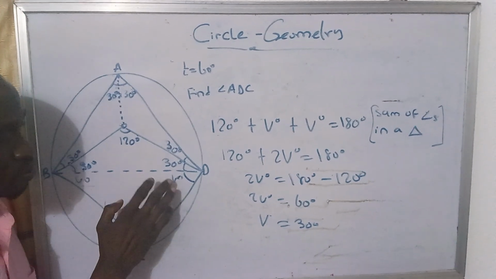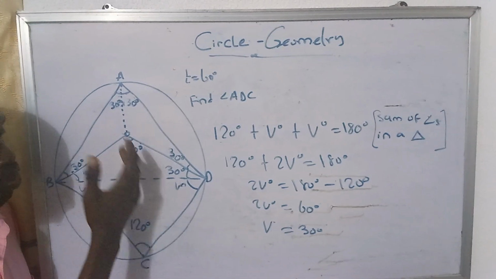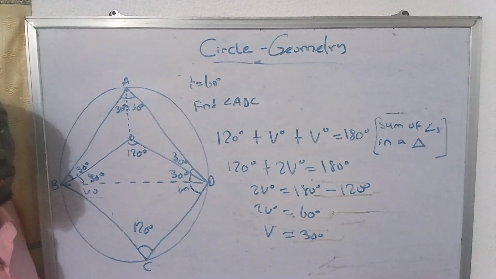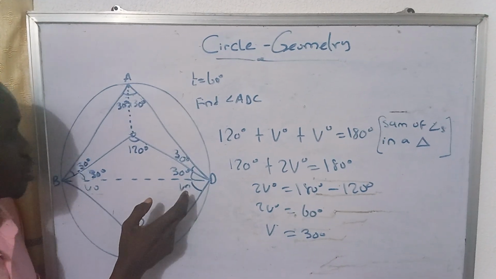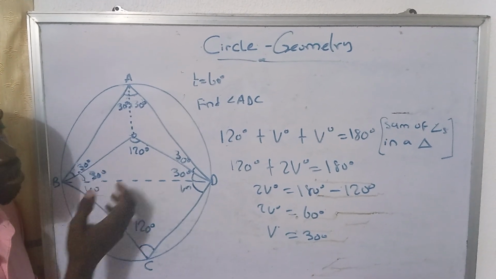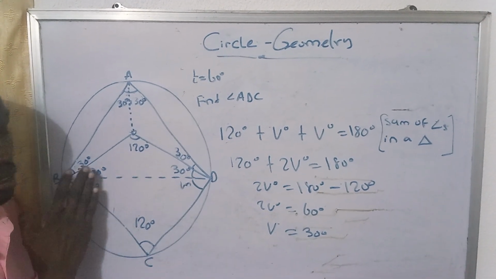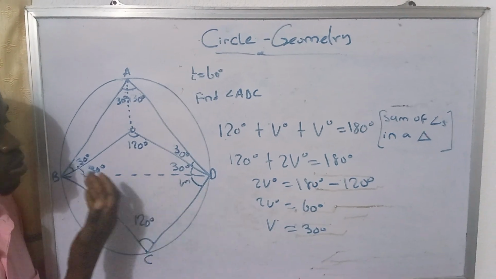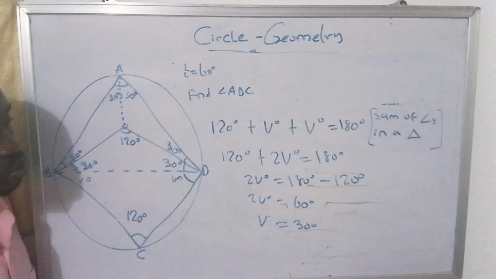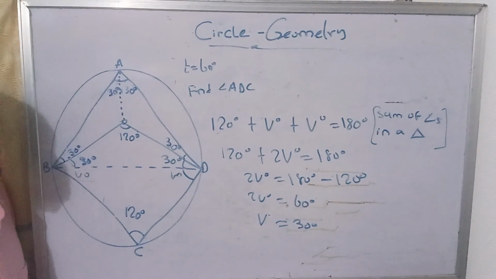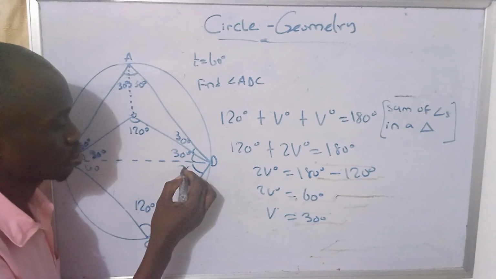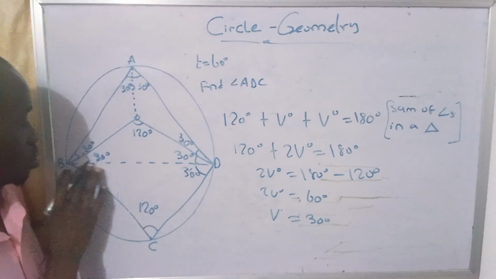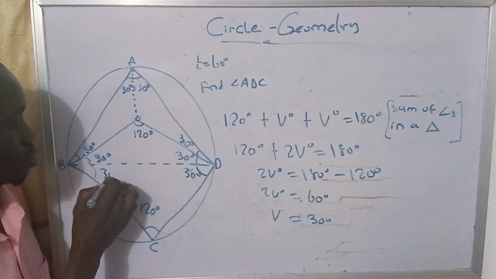So since we're having v here, like I said, opposite angles in the rhombus are the same. If we're having 120 here, definitely we're going to have 30 here and 30 here. Everything will give us 60. This side is opposite to this, so we'll have 60 here, 60 here. So working the same arithmetic, it is going to be 30 as well.